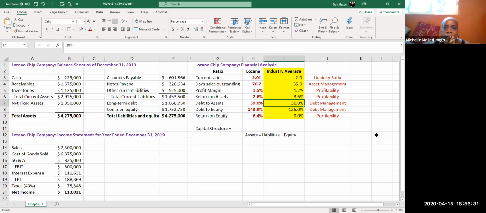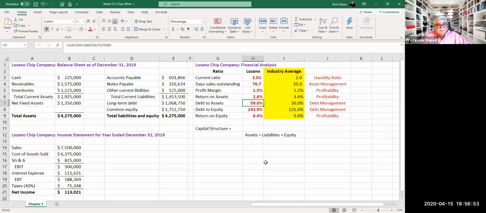Professor? Yes. Can I ask you a question? I used exactly the same numbers you did and came up with a totally different answer. I did the formula exactly how you did it, and I came up with 14.54%. For debt to assets?